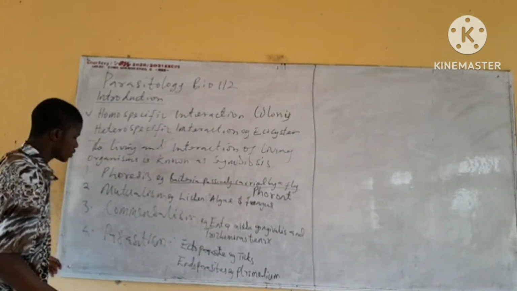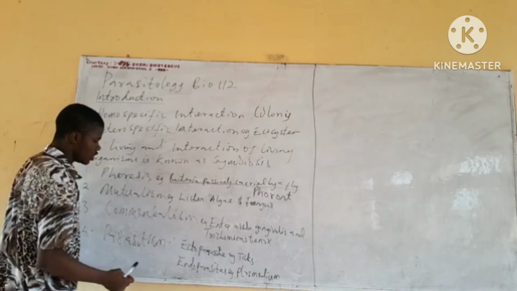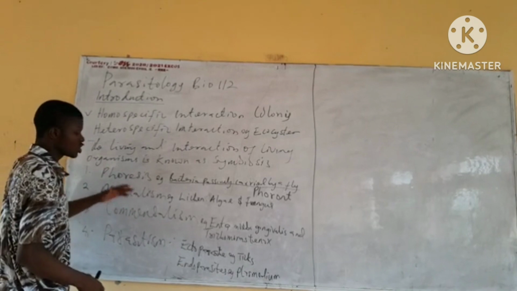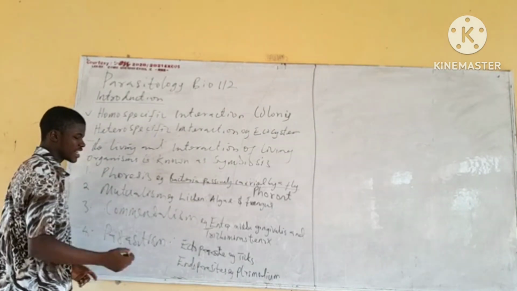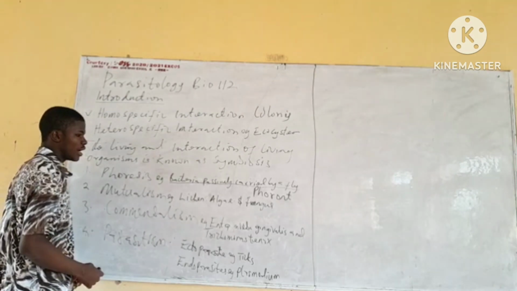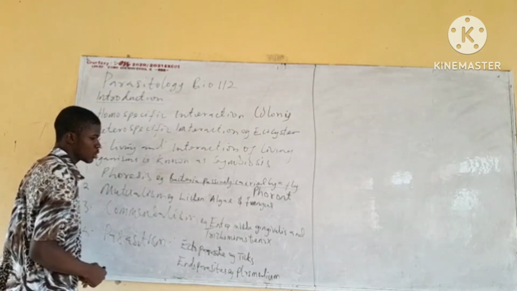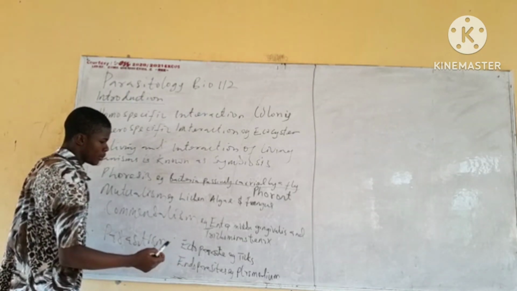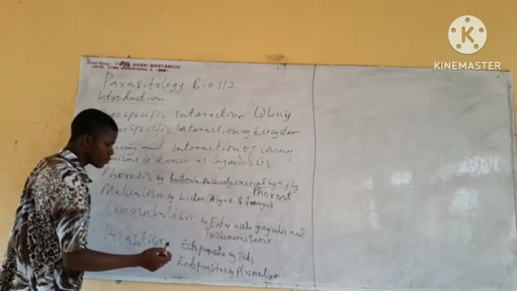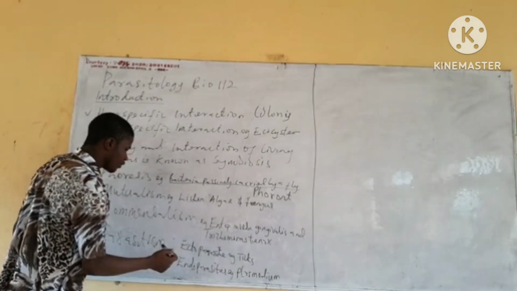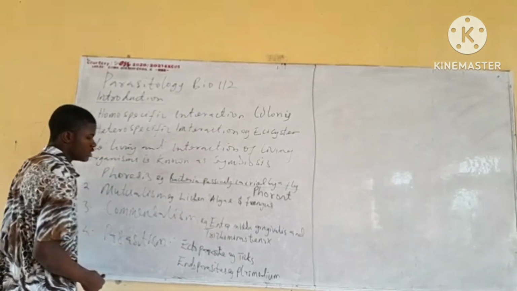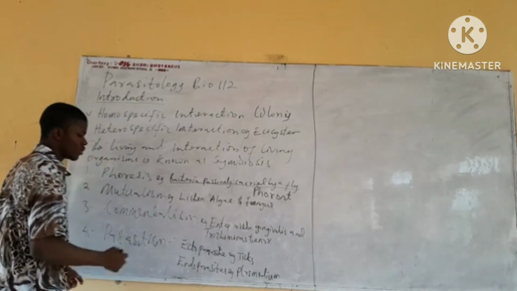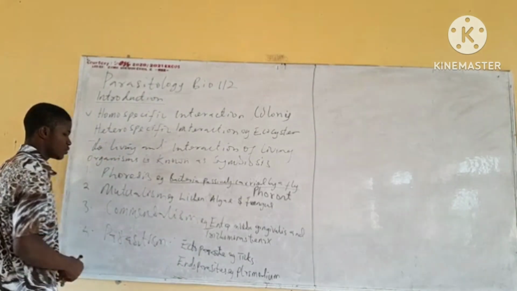I want us to note that one thing that distinguishes parasitism from other forms of relationship is that in parasitism, the parasite can secrete or induce immunological responses to prevent the host from stopping its activities.